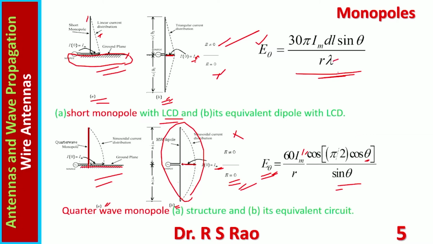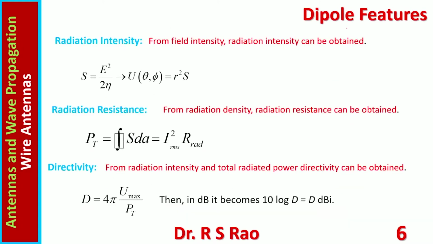Lambda is wavelength. R is the radial distance of a field point. In all these cases, the radiator is assumed to be placed along the z-axis over the origin of a spherical coordinate system. Now, after obtaining the radiation field intensity, we try to estimate certain performance indicators of dipoles and monopoles.